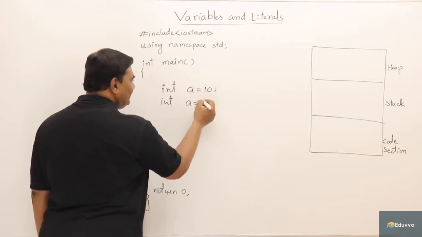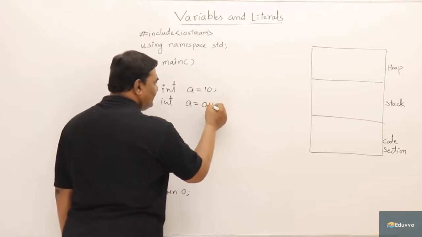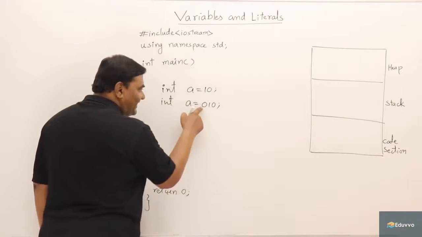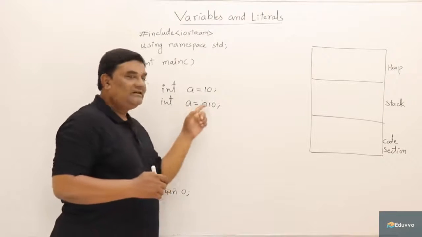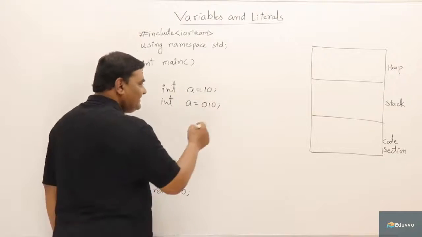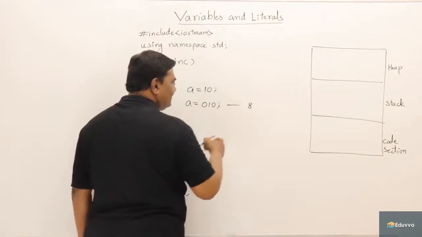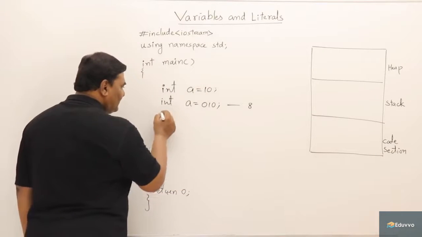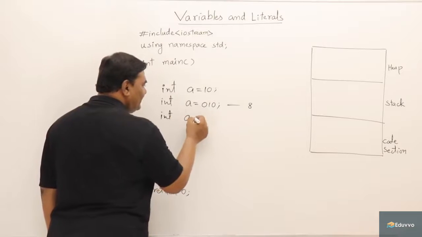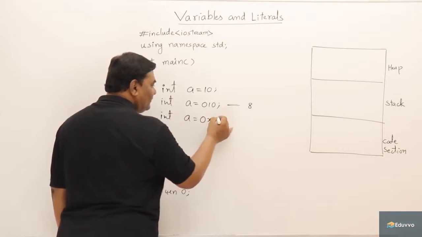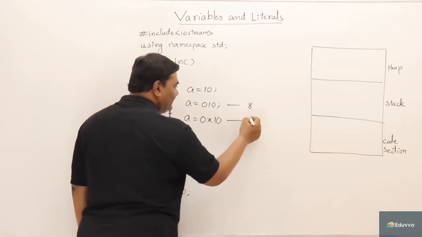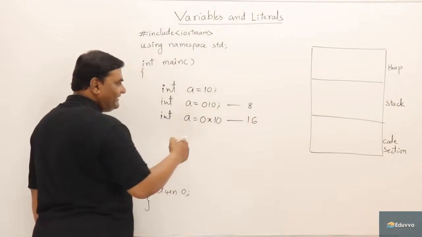Or I can assign 010. It starts with 0; it is prefixed with 0, which means it is the octal number system. In decimal, this will be 8. Or I can also assign a hexadecimal value, that is 0x10. If I assign this, it will be 16 in decimal form.